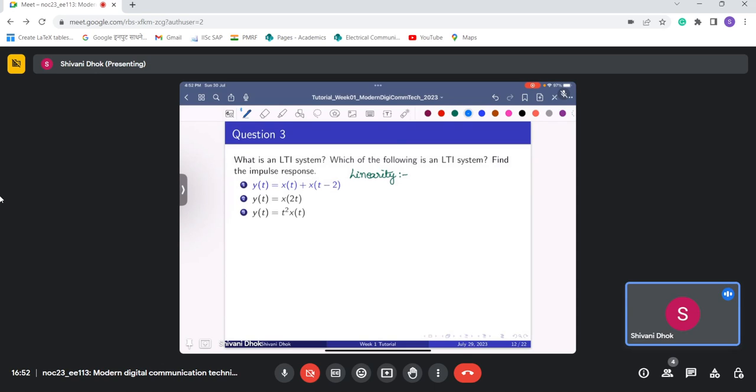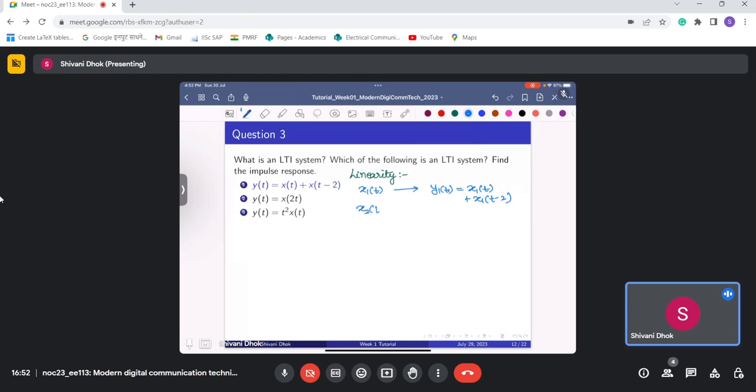For linearity, let's say I have an input x1(t), its output is y1(t), which is x1(t) plus x1(t minus 2).